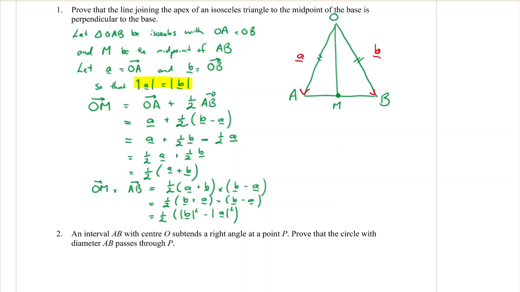So I would say, maybe you could put out the side here, since the length of A is equal to the length of B, that means that whole thing is going to be equal to 0. And because when I've multiplied those two lines I got 0, that means that they are perpendicular. So you could write a little, therefore OM is perpendicular to AB.